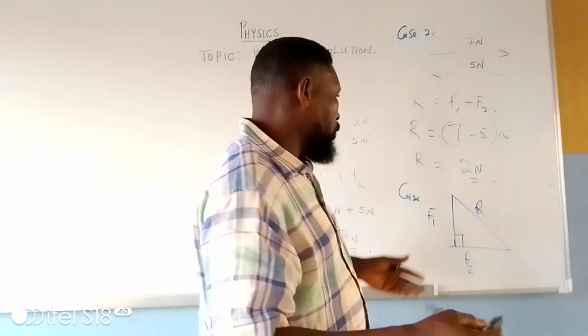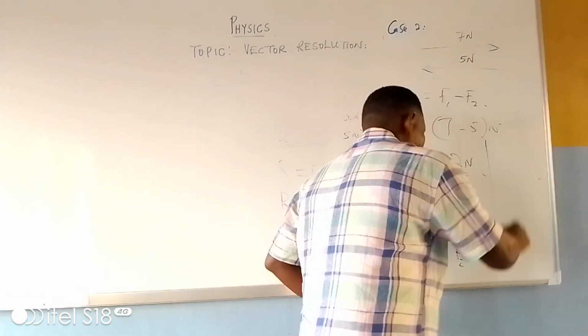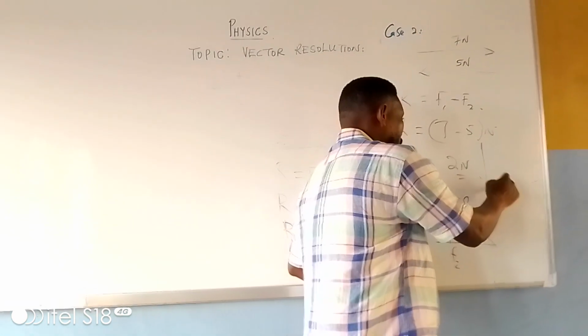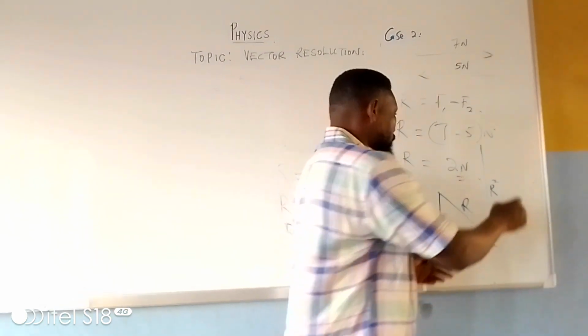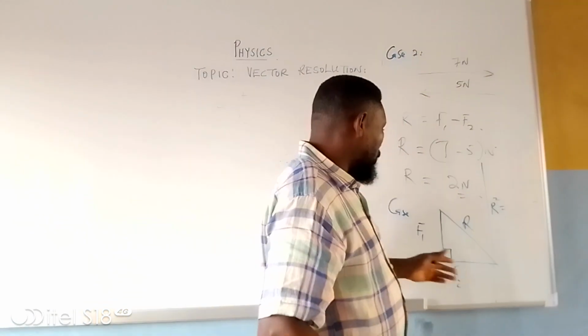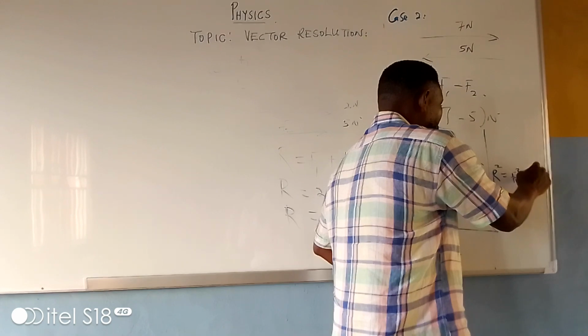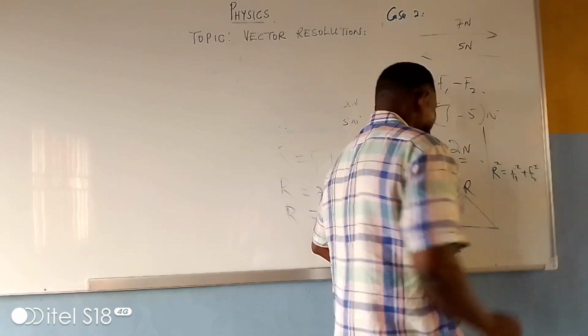Of course, you know what the Pythagoras theorem is: the square of the hypotenuse, R squared, is equal to the sum of the squares of the two adjacent sides, which is F1 squared plus F2 squared.